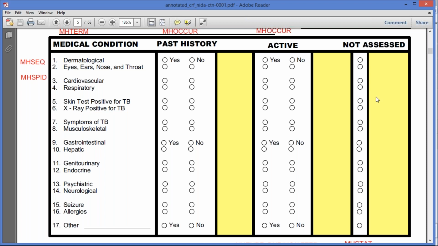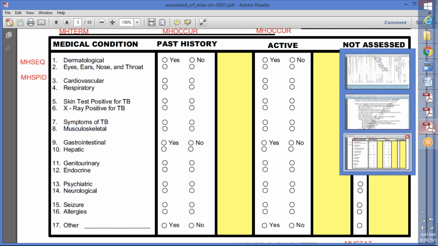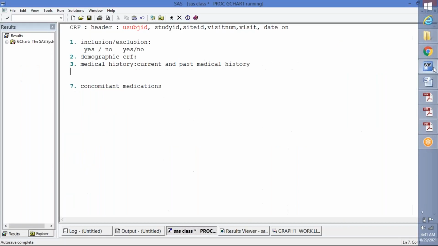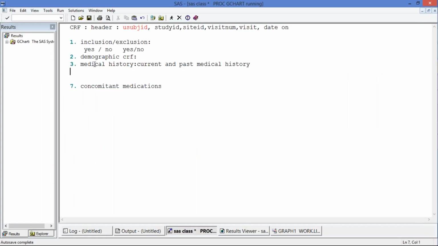Okay, so this is medical history. Now tell me what to collect on vitals. What kind of data do we collect on vital signs?